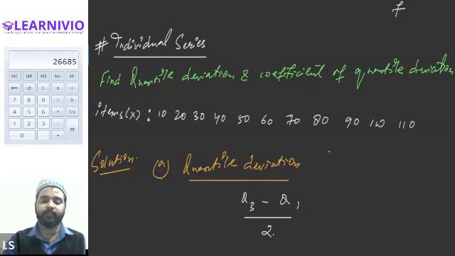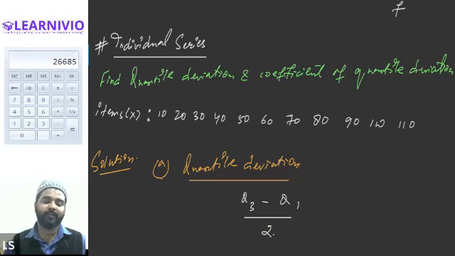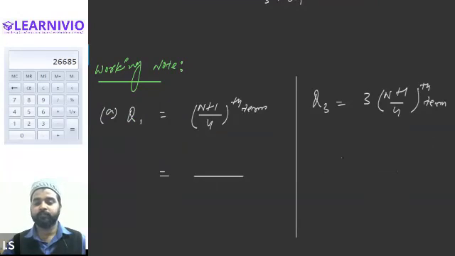There are 11 items, so in place of n we write 11. (11 plus 1) by 4 gives 3.